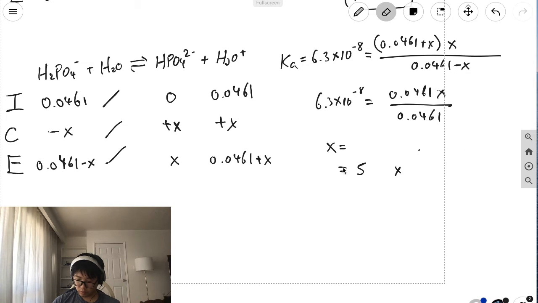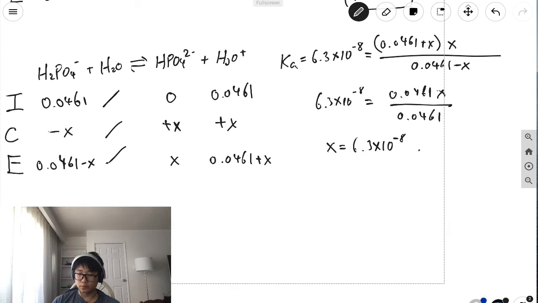Sorry, wait. What did you get? Wait, where did you get 2 point something from? I got 6.3 times 10 to the negative 8, which is just the Ka value, right? Look, Ka equals 6.3 times 10 to the negative 8 equals 0.0461 plus x times x over 0.0461 minus x.